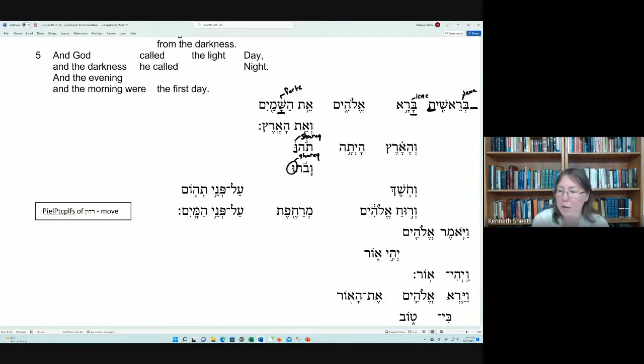Now we come on down here, Choshek al Panay. And now here again, I have a letter that has a dagesh in it. So in this instance, let's see. Those Begad Kafat letters were Beth Gimel Daleth Kaf Pei Tau. And this is a pei here.